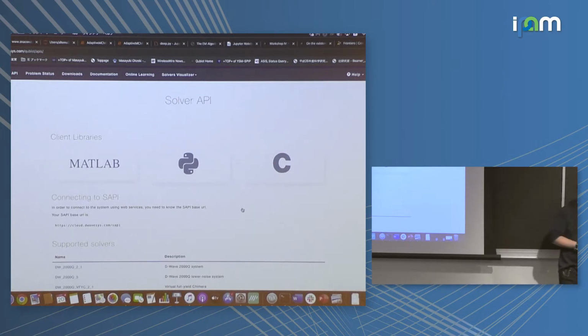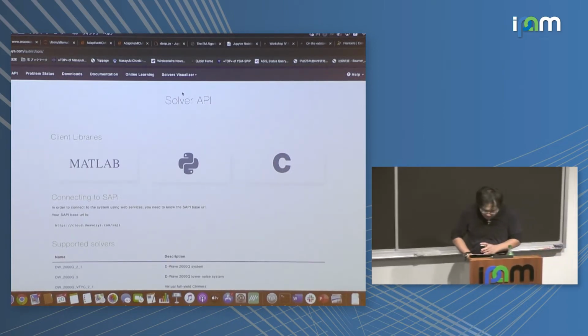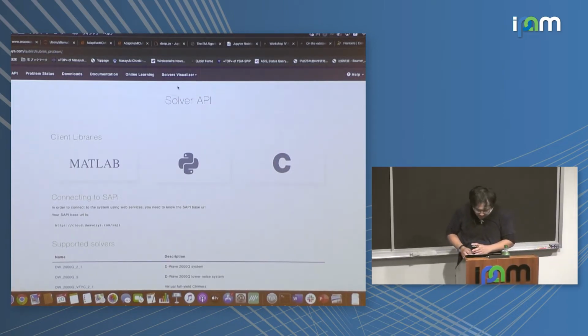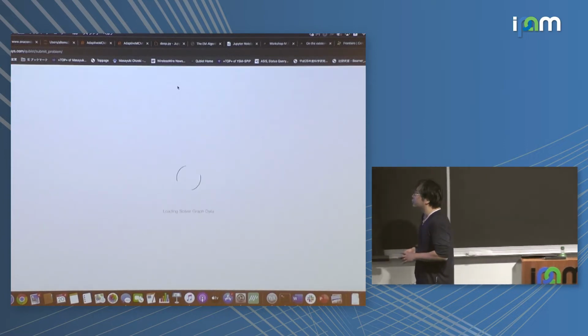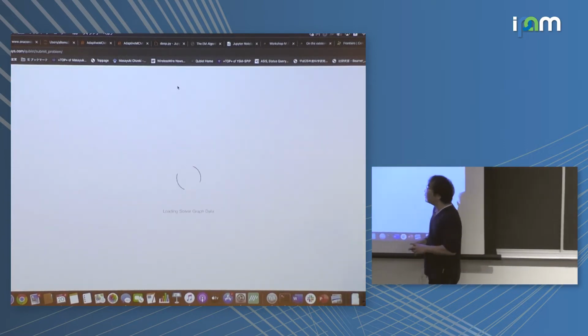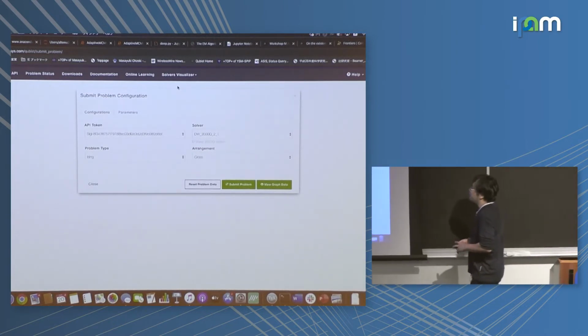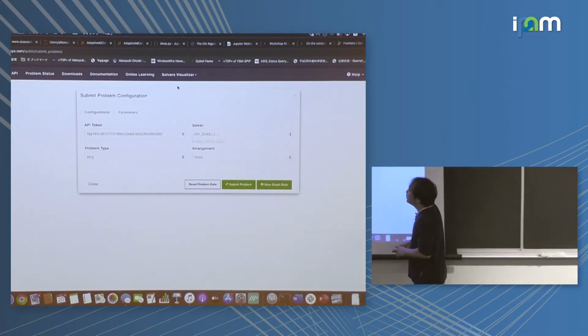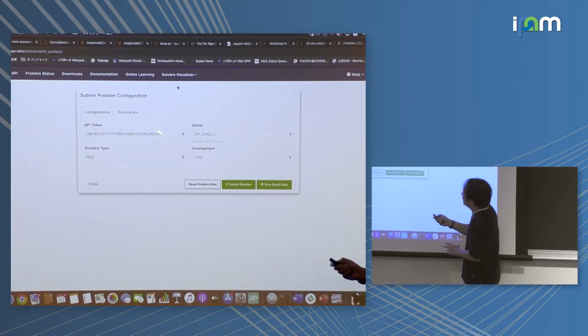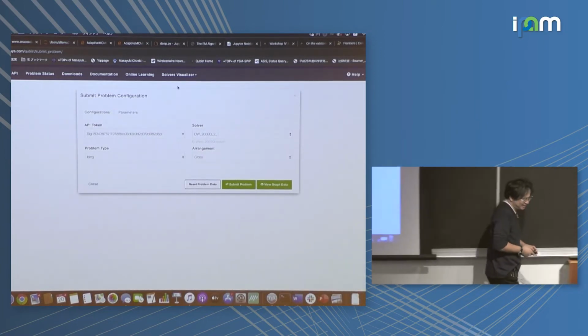So very easy to use. Now on the browser, I demonstrate how to use quantum annealing. Now I'm accessing by some wireless LAN. So don't memorize this API token.